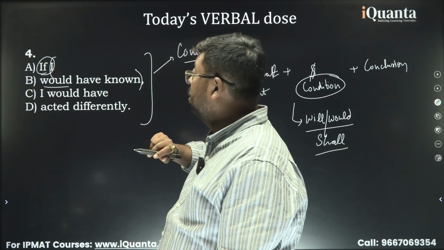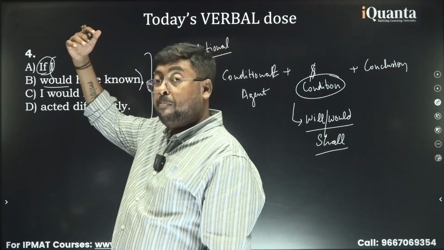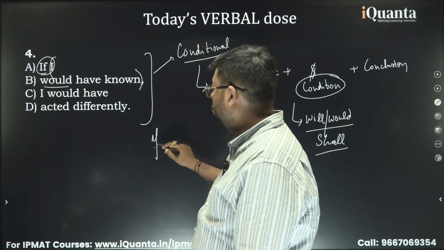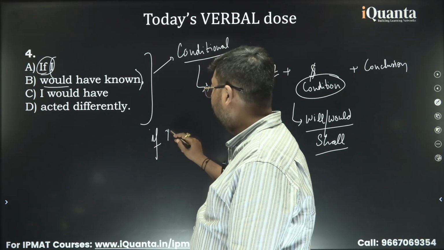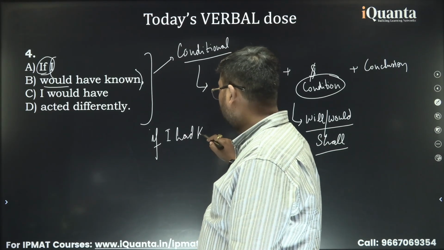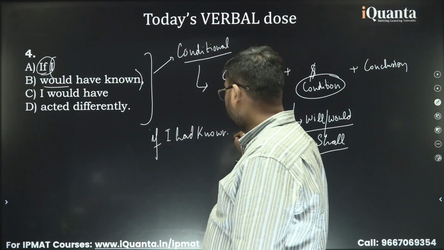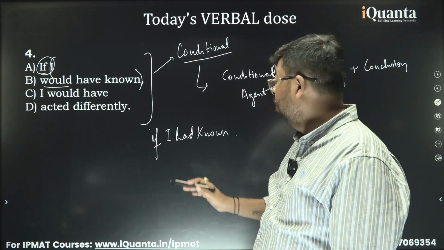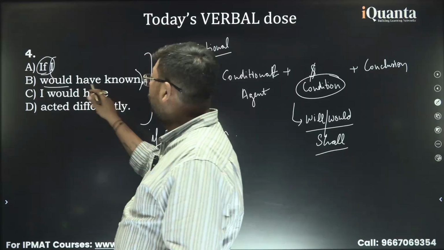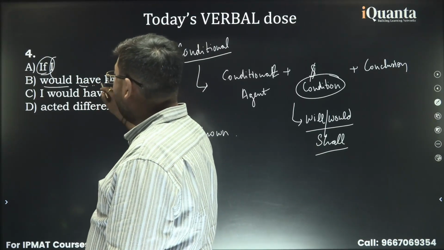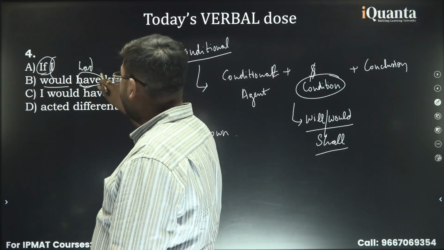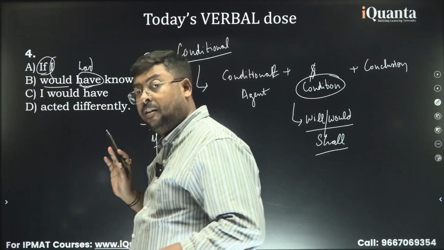But because it is talking about past conditional, this would now be written as "if I had known." So this assumption is complete. This is the condition. Instead of "would have known," I have to remove "would have" and write "had" here. "If I had known, I would have acted differently."